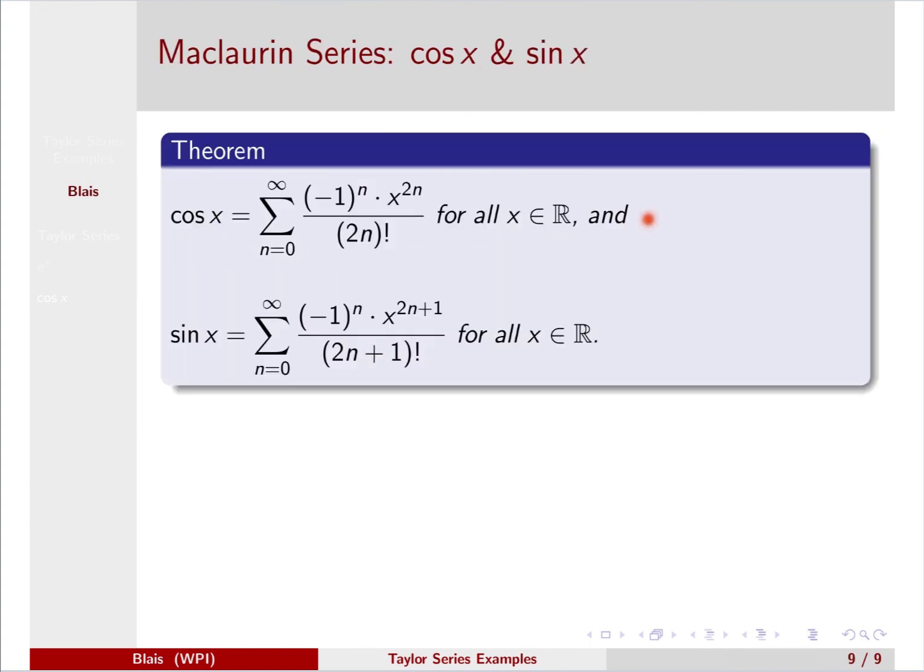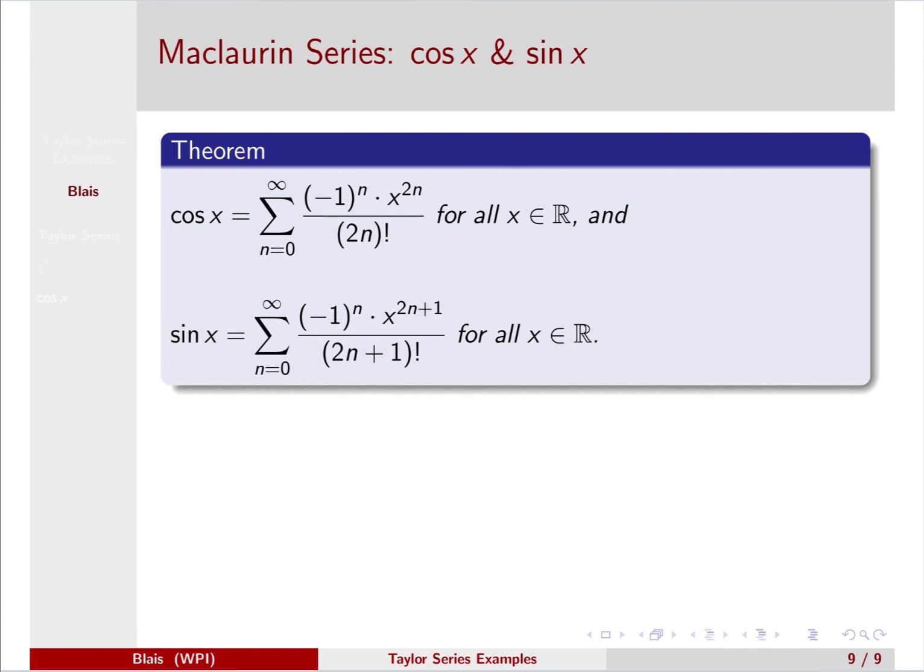And we can state that as a theorem that cosine of x is actually equal to this series for any x. A very similar analysis will confirm that sine of x is equal to this series for any x.